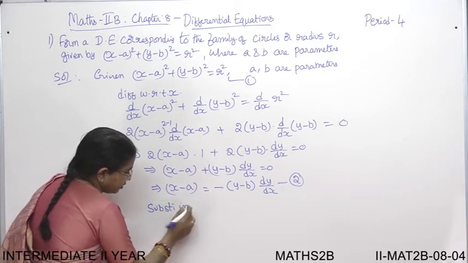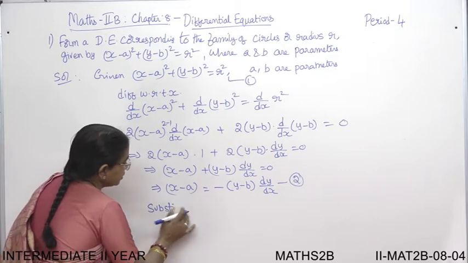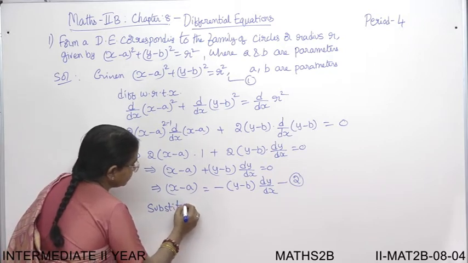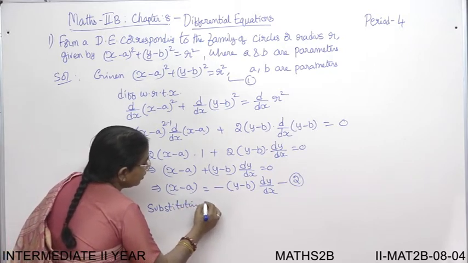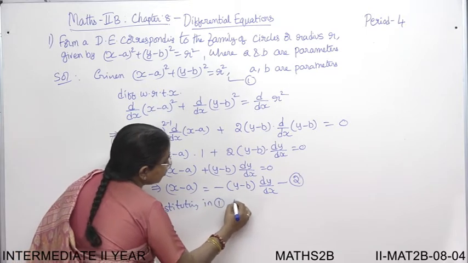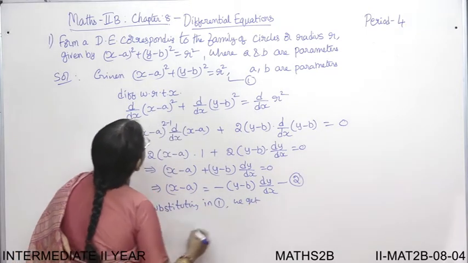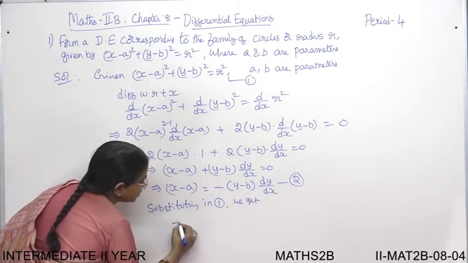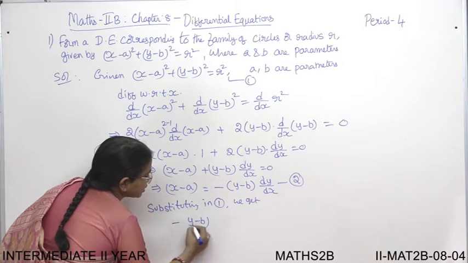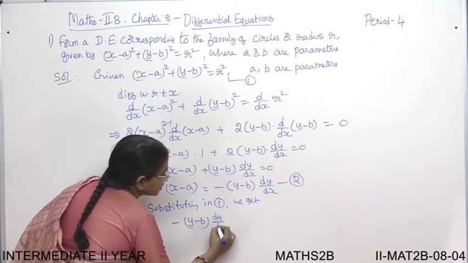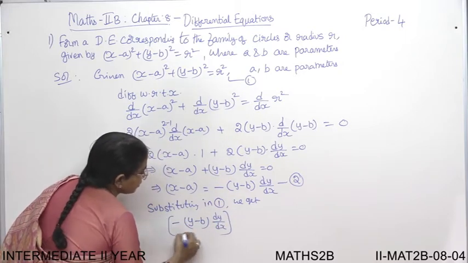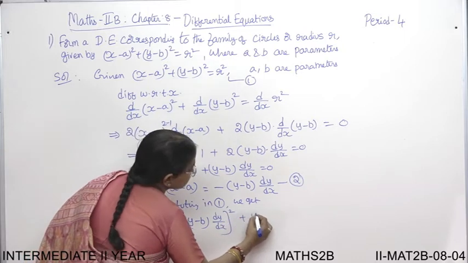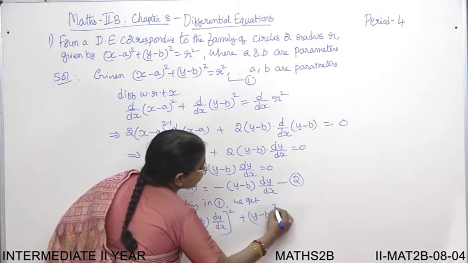Substituting in equation 1, we get (x minus a) whole square, so that means minus of (y minus b) dy by dx, whole square, plus (y minus b) whole square is equal to r square.